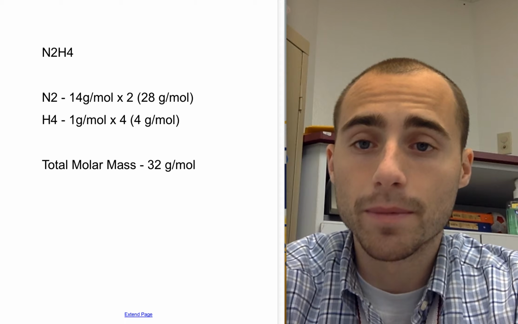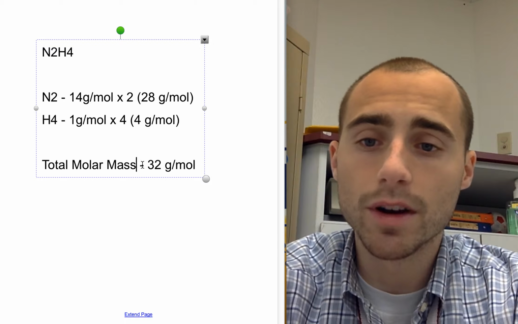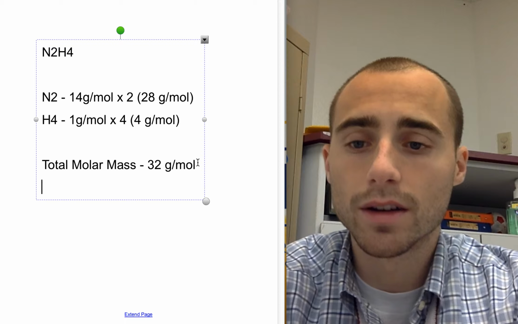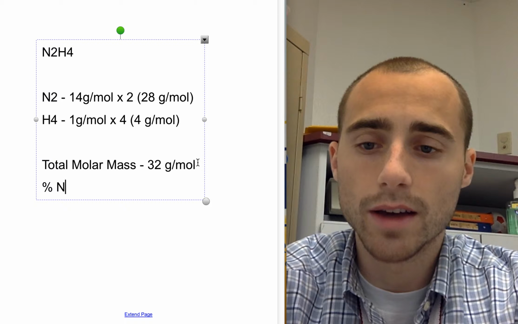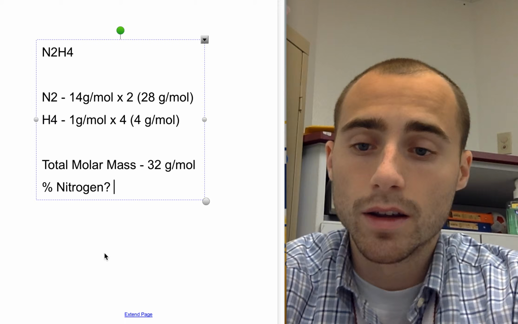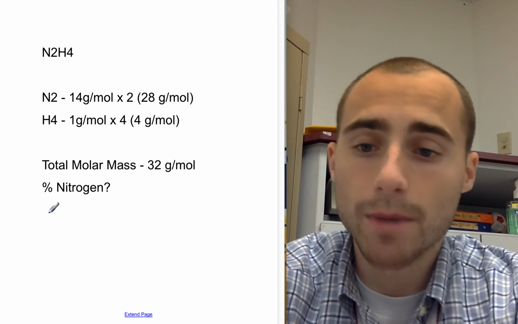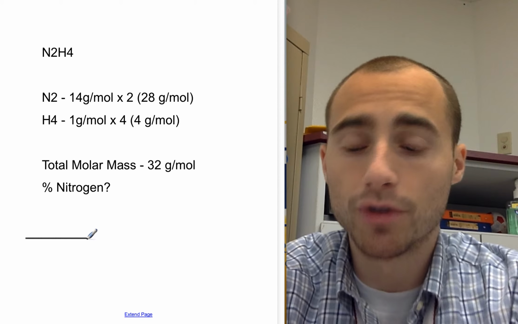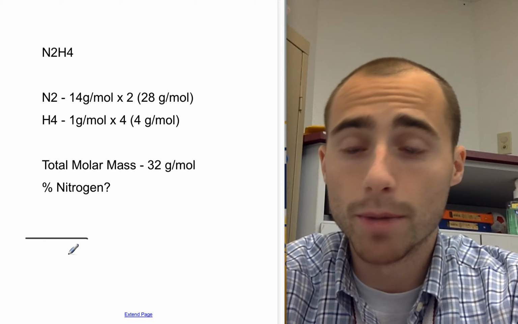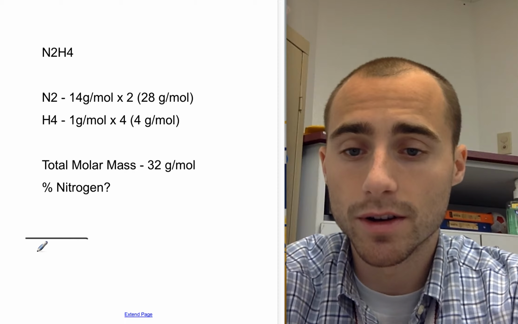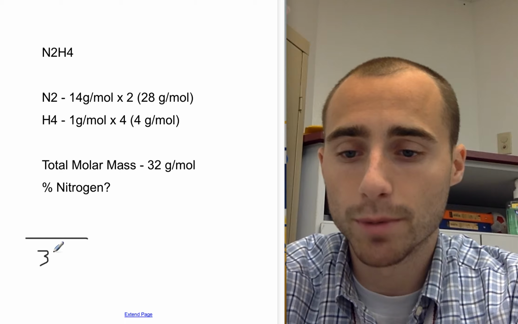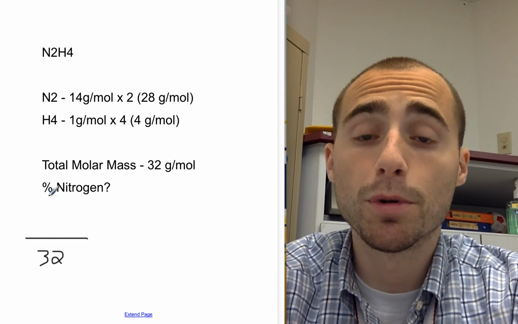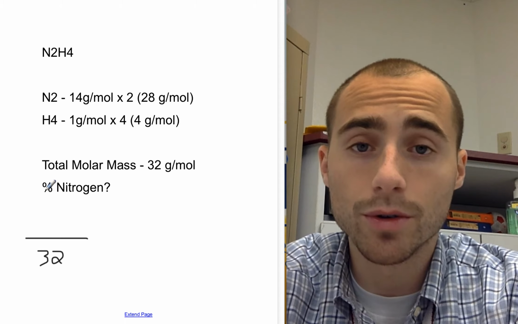That's our first step. Now the question I'm going to ask this time is what percentage is nitrogen. First I have to set up my fraction. On the bottom I put my total molar mass, which here is 32 grams per mole. On top I have to put however much nitrogen is found in this compound.